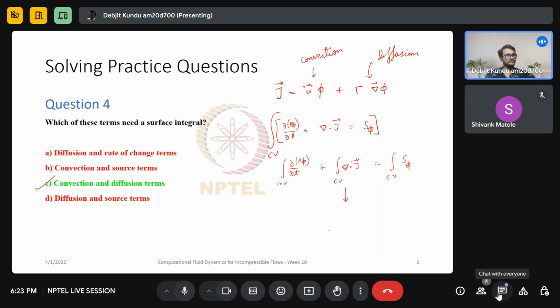We use Gauss divergence theorem and convert this into a surface integral, J dot dS, which is a unit surface within the control surface. So let's say this is the bigger control surface. This is the elemental surface dS, which has a vector pointing outside the control volume. So this simplification needs a surface integral, and that is associated with the convection and the diffusion terms.